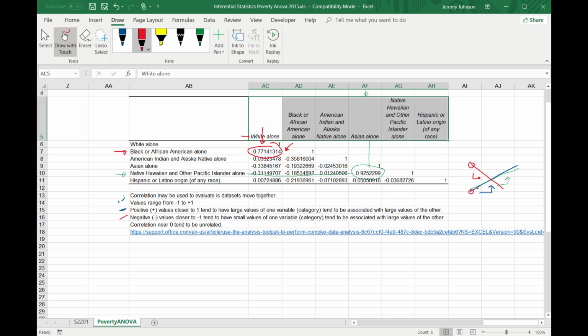All right, one more thing, and that is this one here. That is our values close to 0. This one here is really nice, it's really close to 0, meaning that the relationship between white poverty and Hispanic poverty is essentially unrelated.